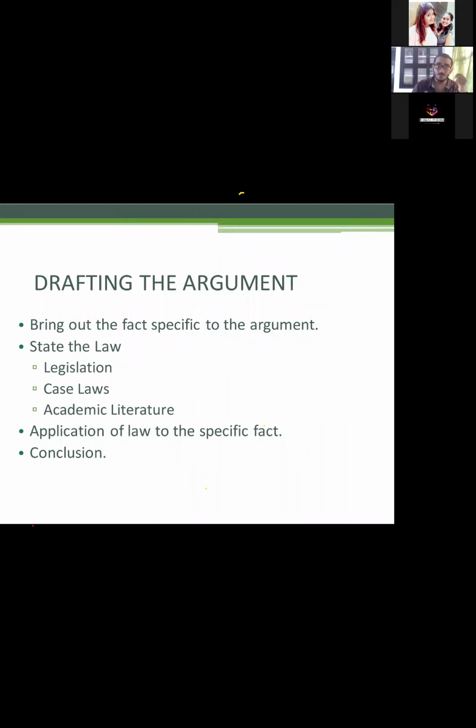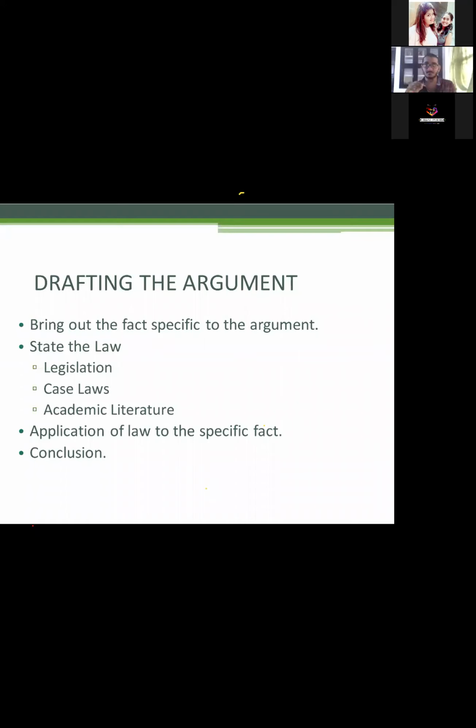Once you have done that, after citing the Supreme Court cases, you might move on to the High Court cases, but that might not always be relevant if it's before a higher authority. But when you are citing that, you must always remember that that case law is relevant.